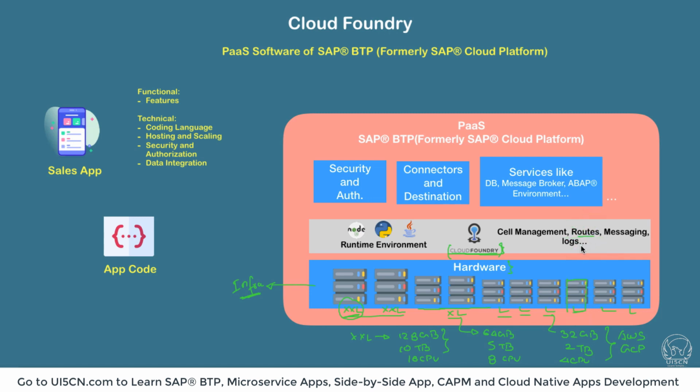All the features which Cloud Foundry has will be managed by the master or main machine, where all the main decisions are made: how to make use of these independent resources, what routes to use, or how to invoke new services. This is managed by the main node, where the brain of Cloud Foundry is installed, and the other computation units or resources will be utilized by the app code.